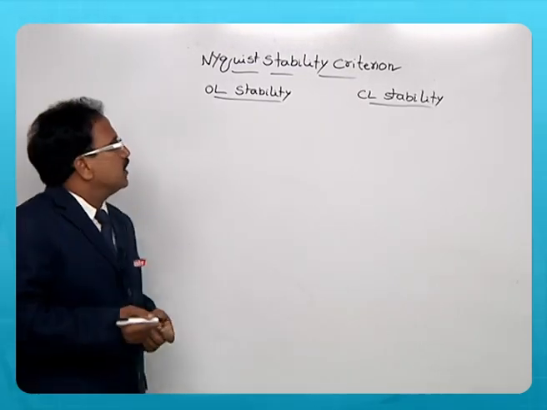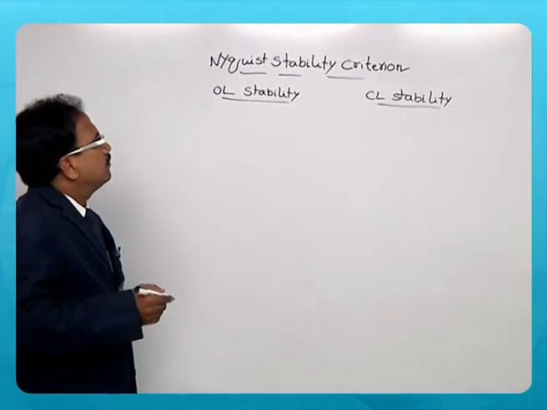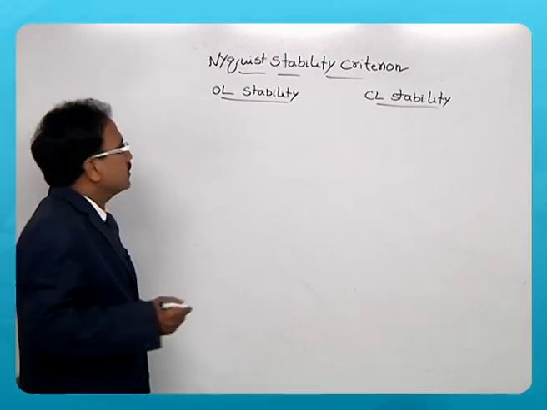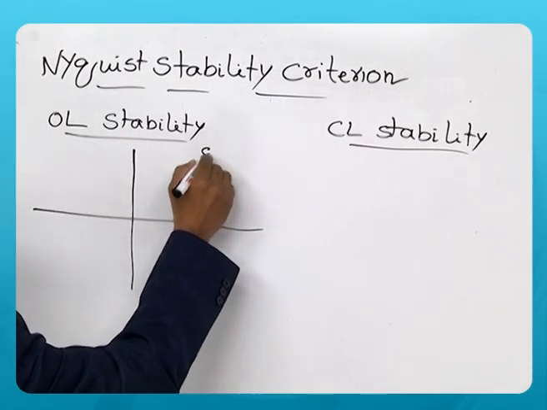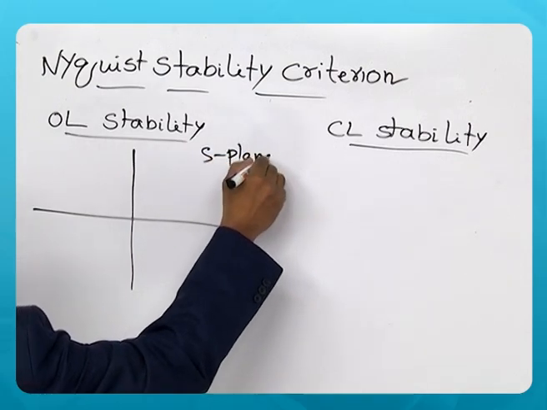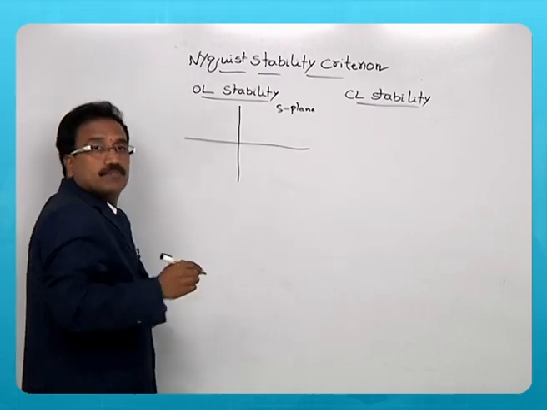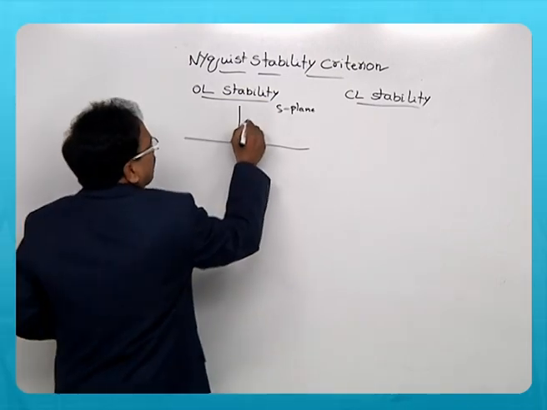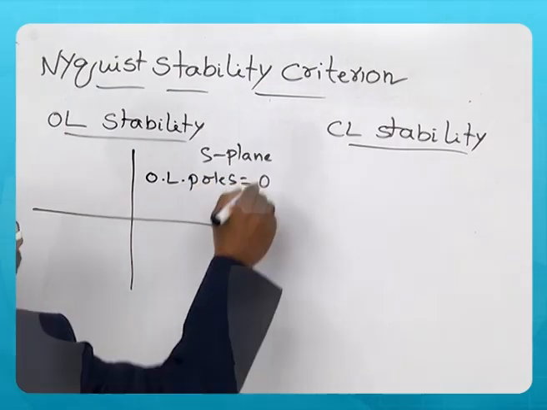So to assess the stability of the given open loop system and closed loop system, say this is the S-plane. For open loop system stability, the open loop poles in the right half should be equal to 0.